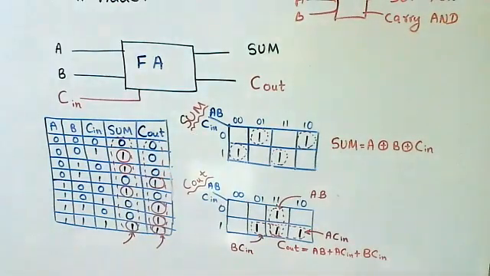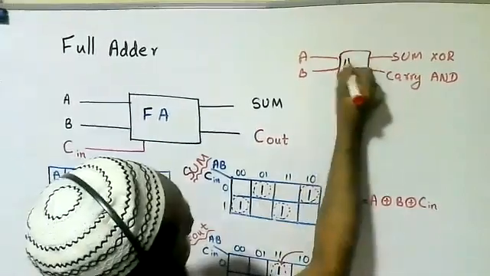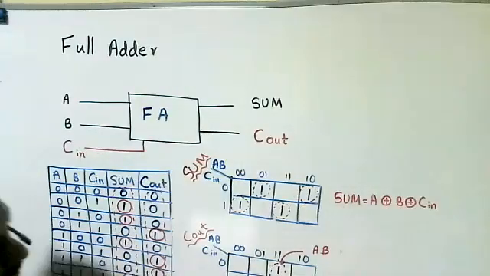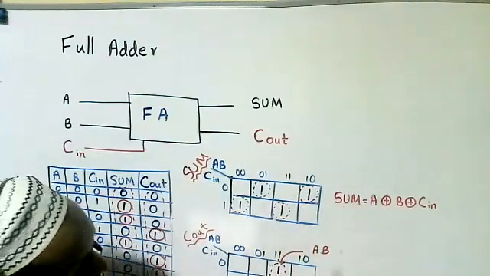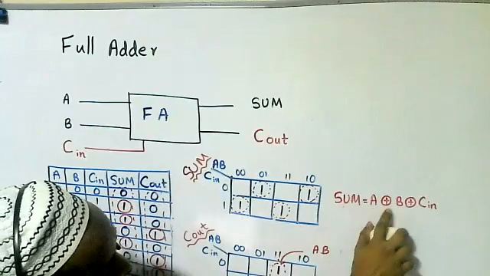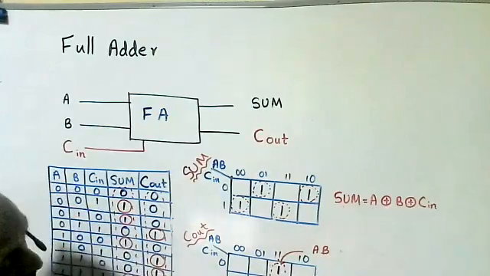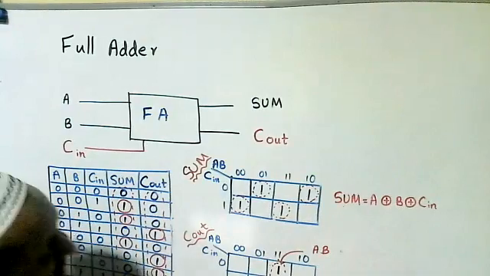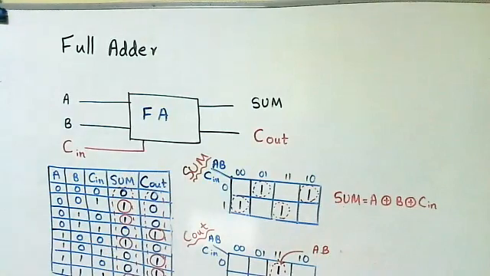Students, in the half adder, sum is an XOR gate and carry is an AND gate. Yes, sir. Right. Here in the full adder, for sum we got A XOR B XOR C in. For C out, we got A and B, OR, A and C in, OR, B and C in. Likewise. So now we can draw the circuit.